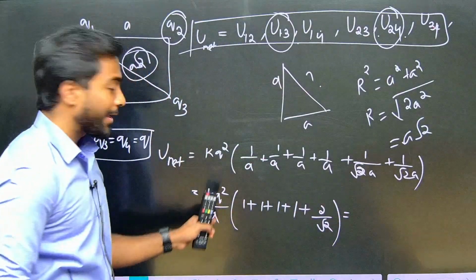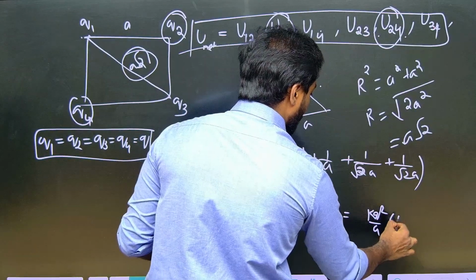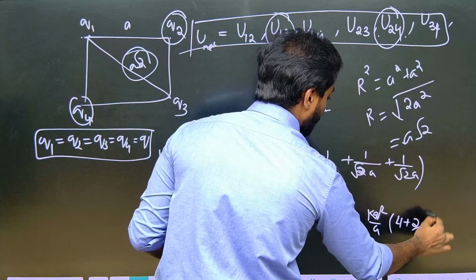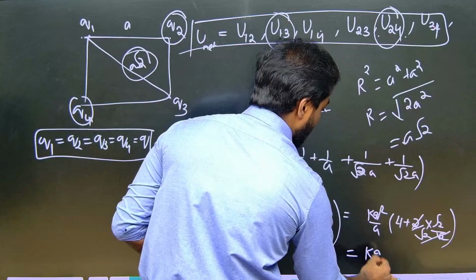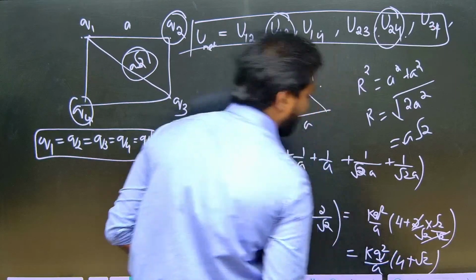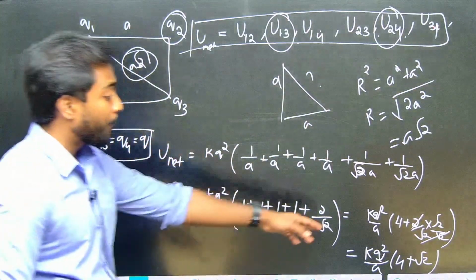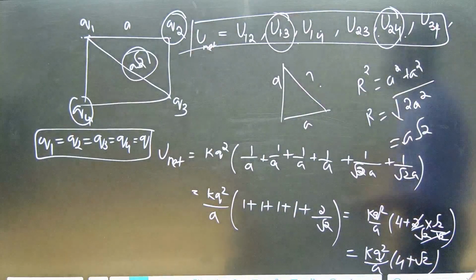KQ square by A into 4 plus 2 by root 2, and root 2 by root 2 will get cancelled off. So KQ square by A into 4 plus root 2 is my answer for this kind of question if they are asking. So this is my potential energy. Got it?